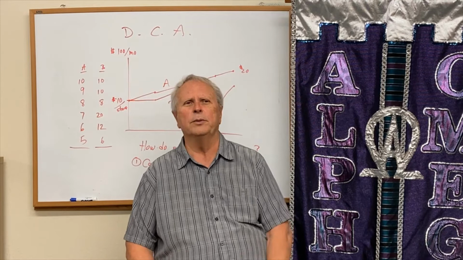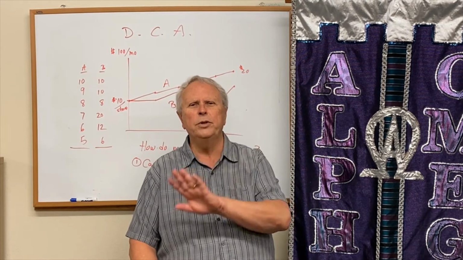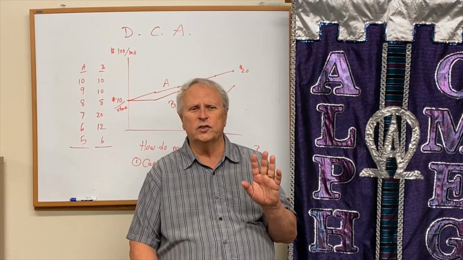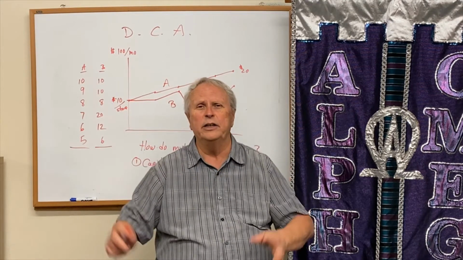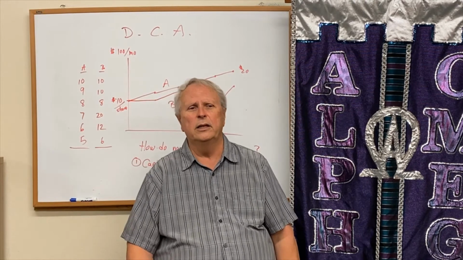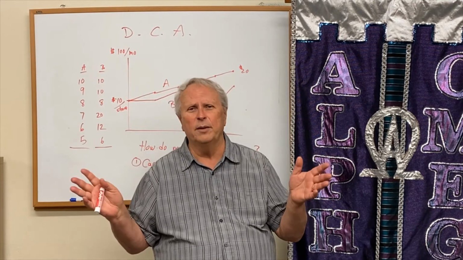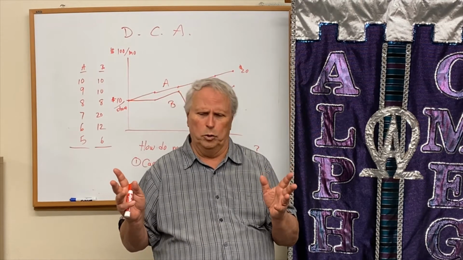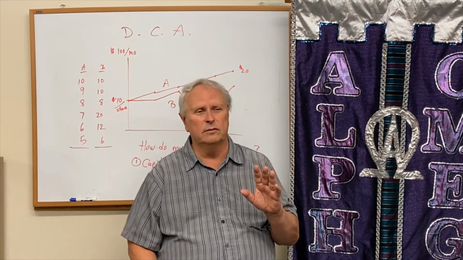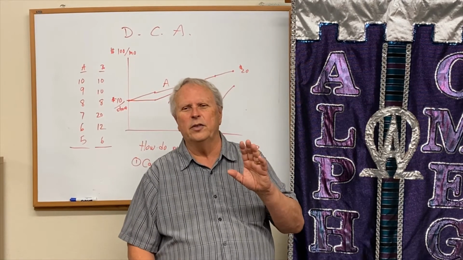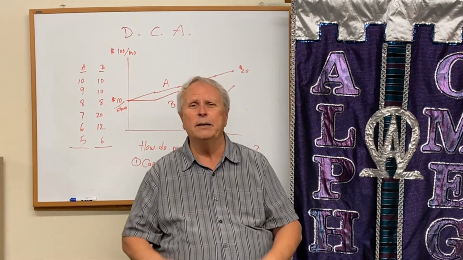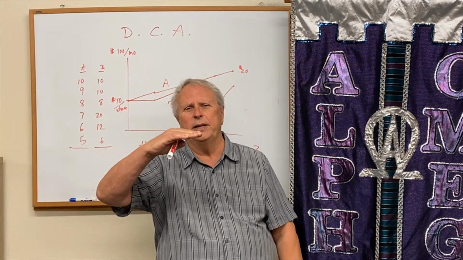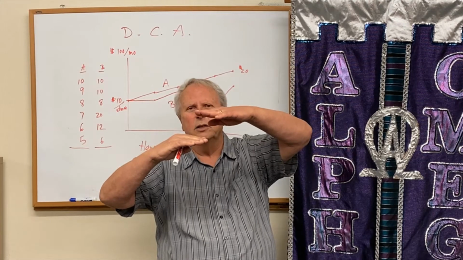Now, let me give you an example. You put the money into the mutual fund. The mutual fund invests in, let's say, 150 different companies. Let's say that they buy IBM stock at this price, and then later they sell IBM stock at this price.